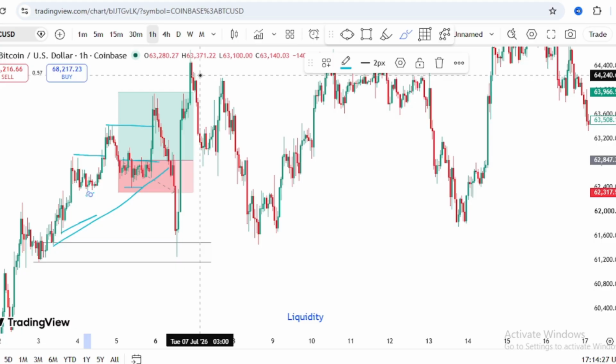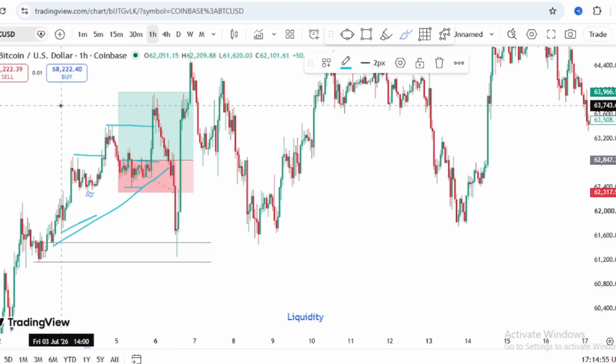Institutions need these orders to fill their large positions. That's why they always hunt for liquidity. You may have been wondering how these liquidities are created, but let me tell you how retail traders create liquidity.